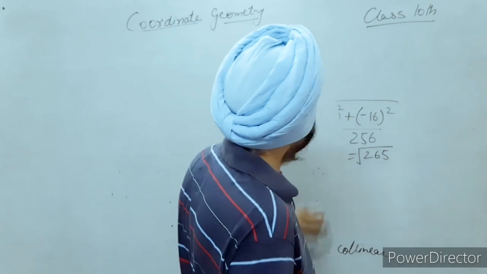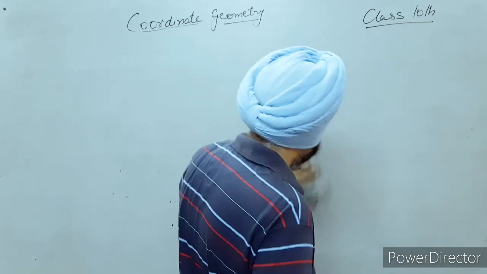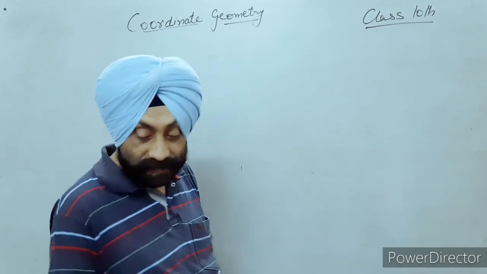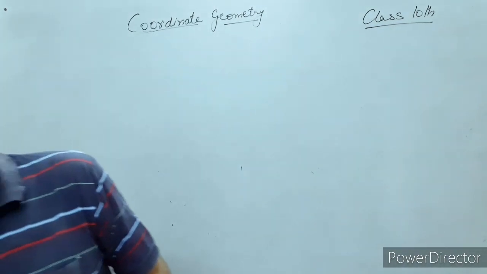This is the application of the distance formula in various kinds of sums. A variety of sums are there. Now the third sum I am going to discuss is this.